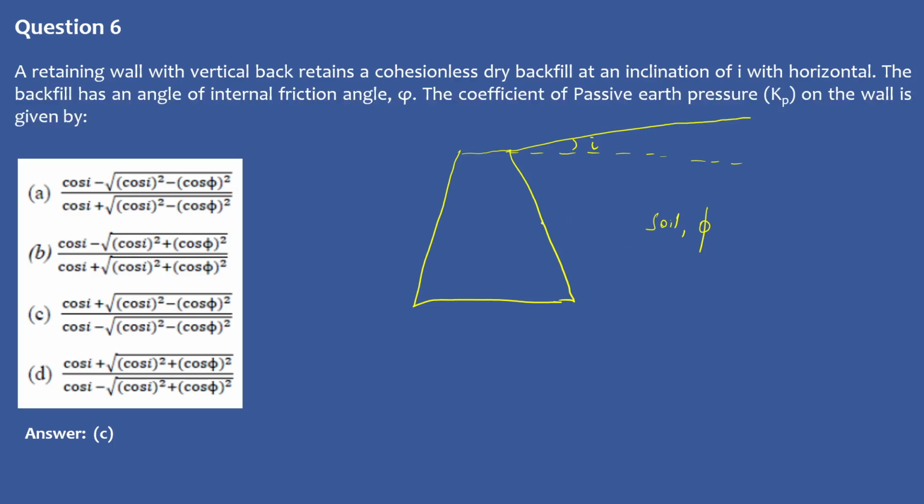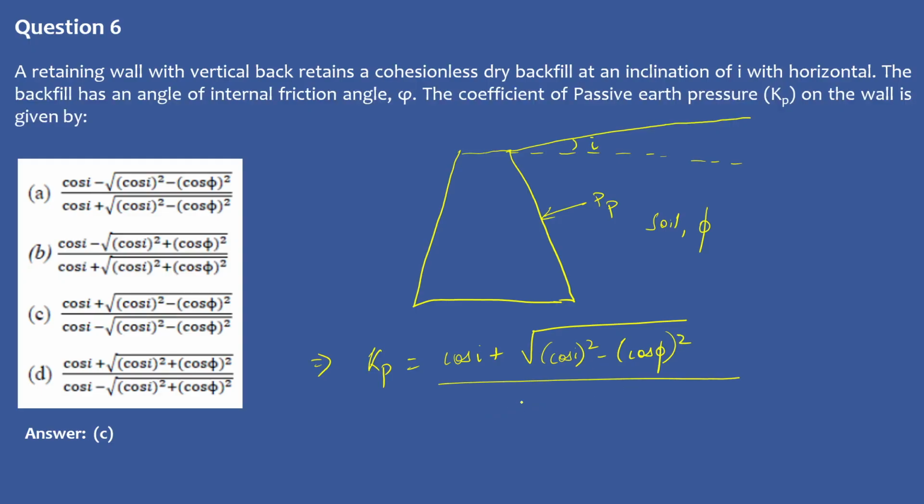The passive pressure acting on the retaining wall can be calculated using the coefficient of lateral earth pressure, which takes the passive forces into account, and this is given by this relation: cos i plus root of cos squared i minus cos squared phi, upon cos i minus root of cos squared i minus cos squared phi.